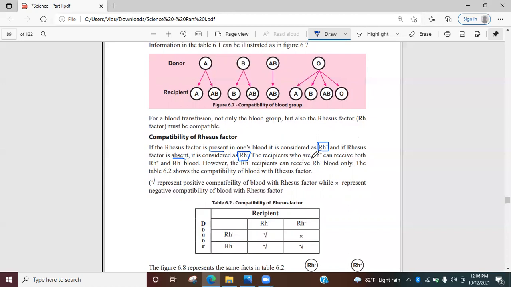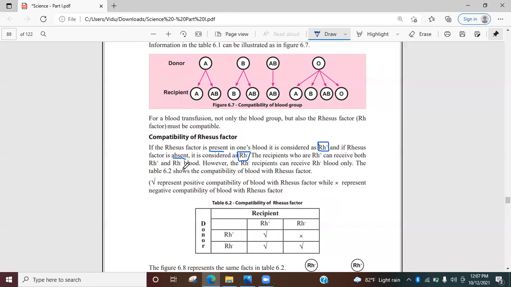Recipients who are rhesus factor present, or RH plus, can receive both RH plus blood and RH minus blood. However, RH minus recipients can receive RH minus blood only.